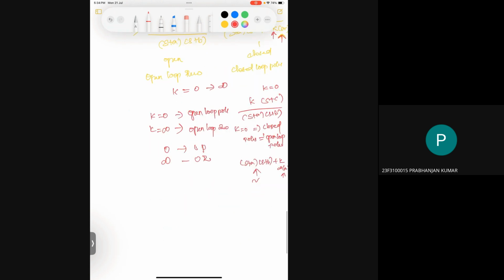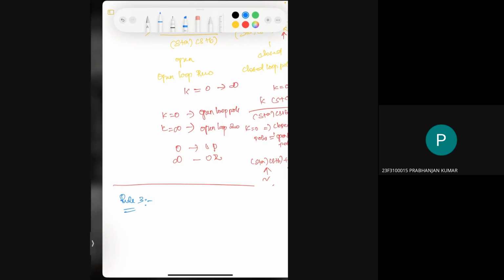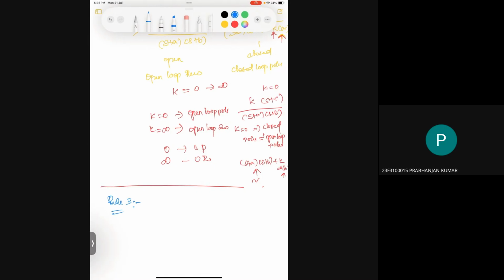Good. So I'm proceeding with rule 3. Rule 3 is having number of real axis open loop poles plus zeros. I am skipping this because it doesn't make sense without solving any example.